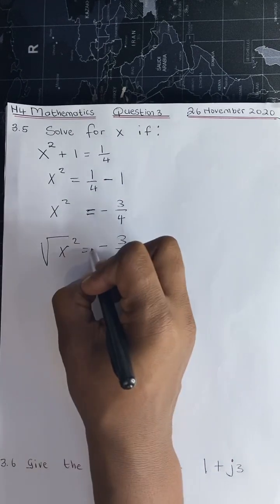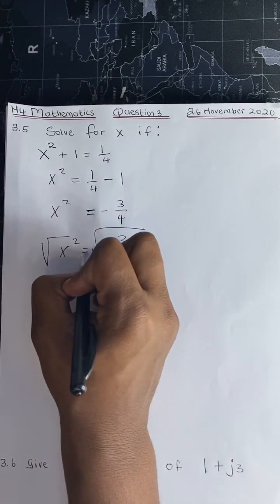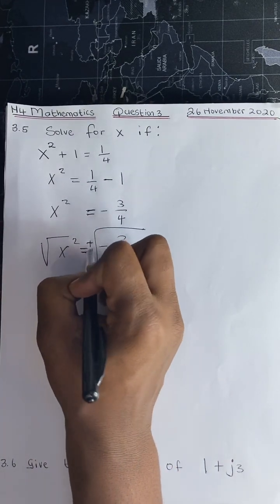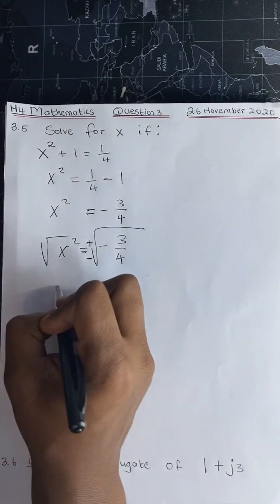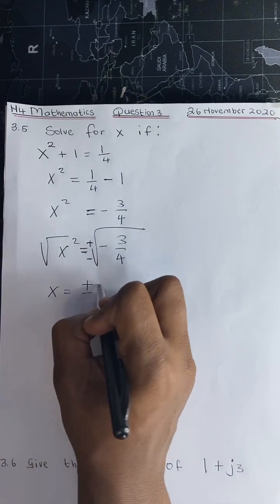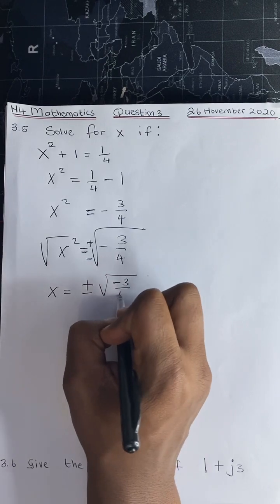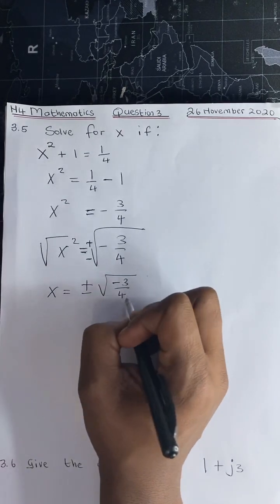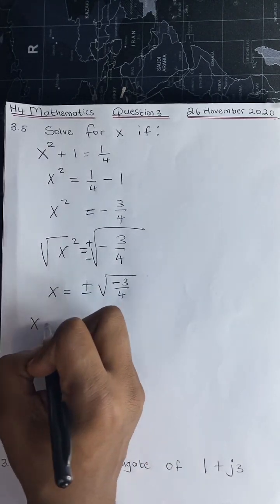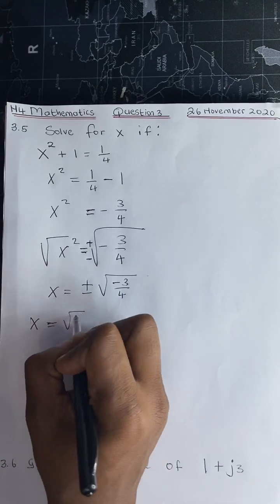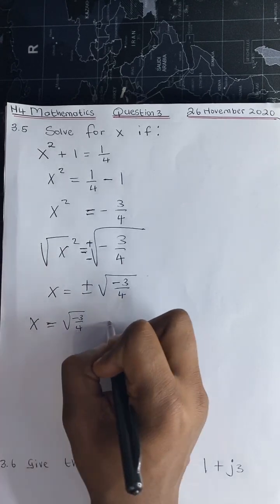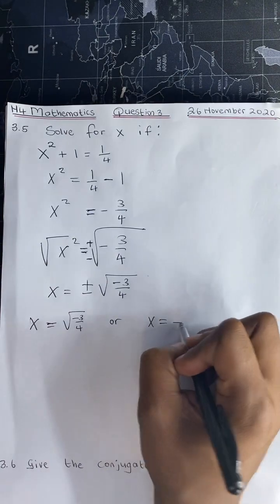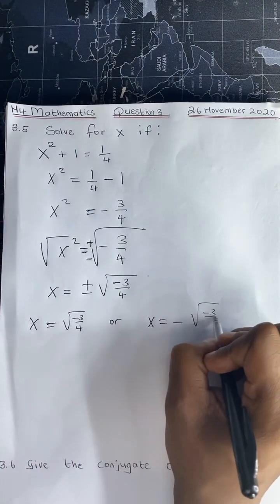We are solving for x, so we have to introduce the square root, and when you introduce the square root, you have to include a plus or minus. So x will be equal to plus or minus the square root of negative 3 over 4. So we can write this as x equals positive the square root of negative 3 over 4, or x equals negative the square root of negative 3 over 4.